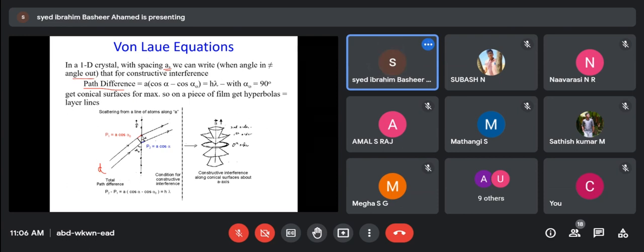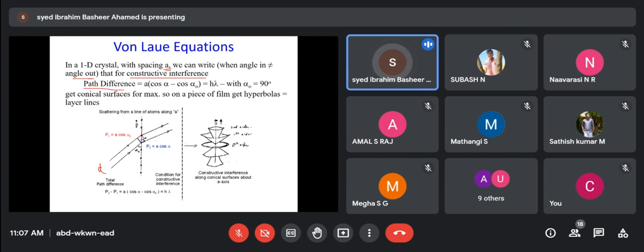So this is for constructive interference. P1 is equal to a cos alpha 0, or d cos alpha 0. Then P2 is equal to a cos alpha.